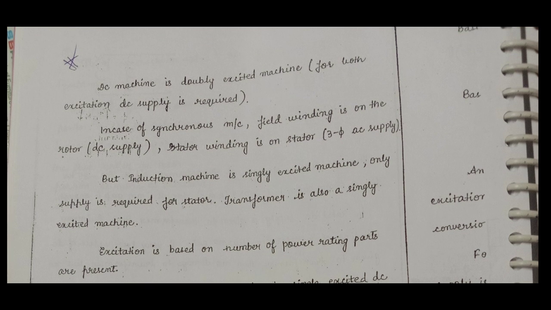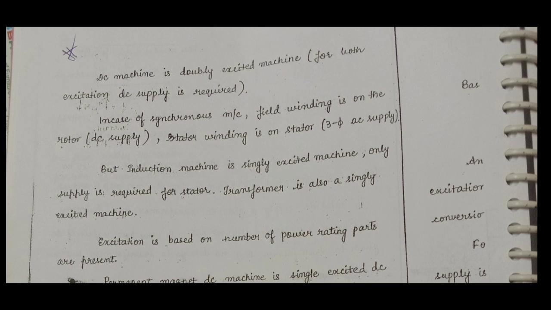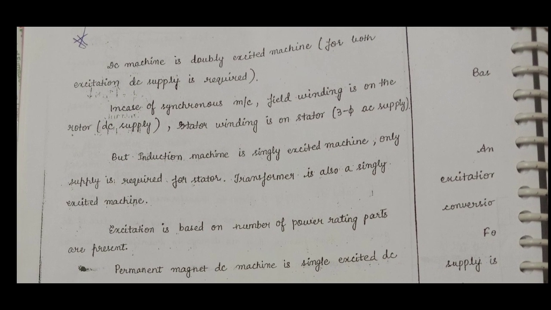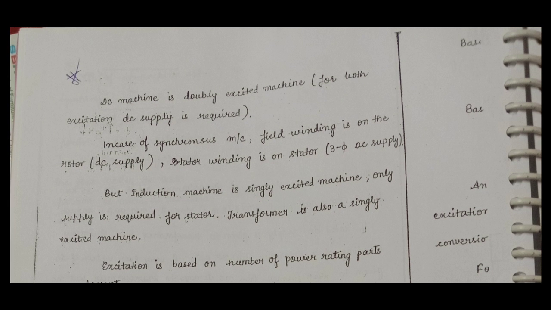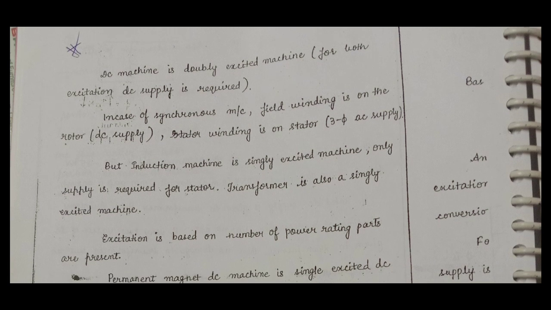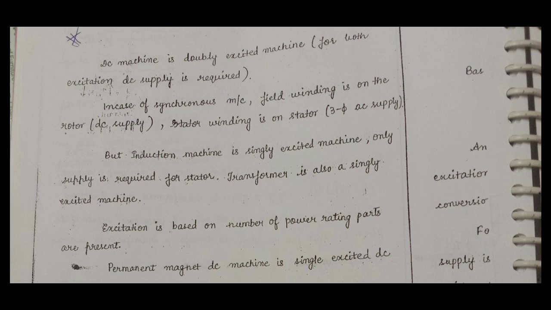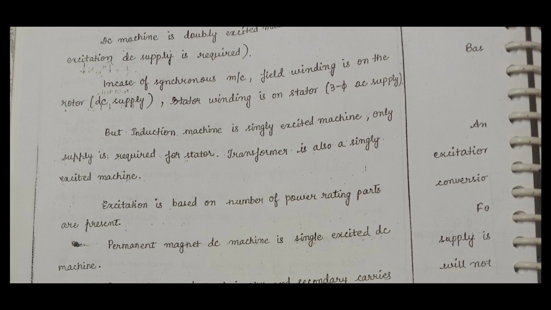So synchronous machines and DC machines are both doubly excited machines. Doubly excited means the supply is given to both windings, that is field winding and armature winding. In a synchronous machine, field winding is on the rotor, with DC supply, and armature winding is on the stator, where 3-phase supply is given.